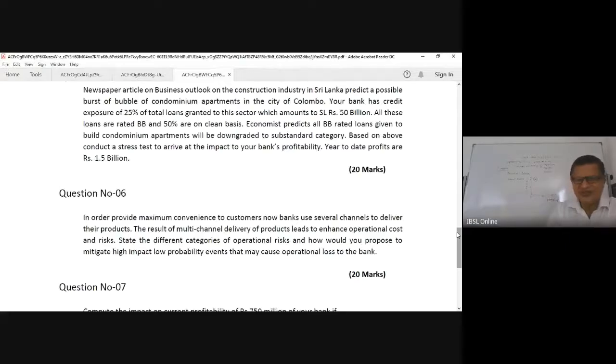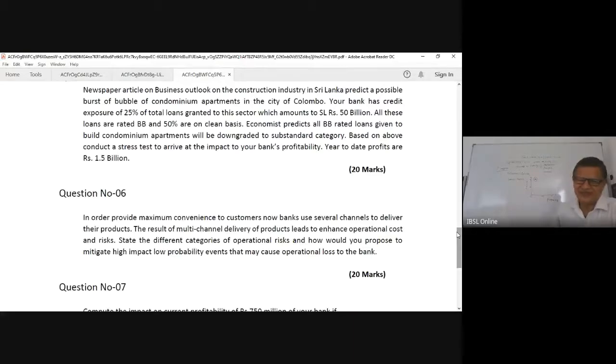Once in a blue moon it happens. So here they're asking how you categorize that sort of event. High impact could be a major robbery of your cash van. It doesn't happen every day because you have taken a lot of precautions. How do you mitigate?